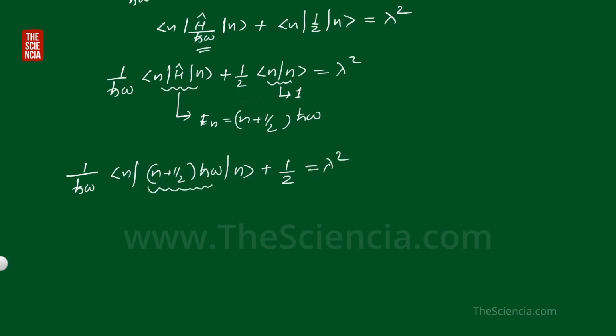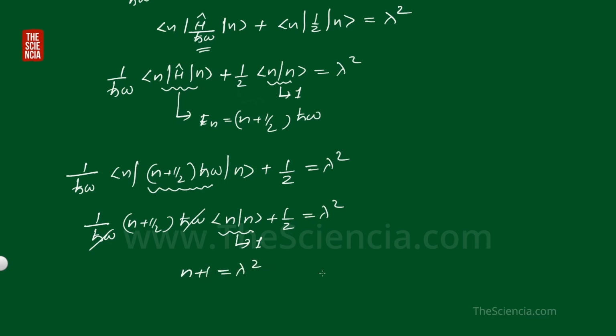Here also this one is nothing but a constant term, so we can take it outside, that is 1 by h cross omega into n plus half into h cross omega into bra n ket n plus half equal to lambda square. Here also this one is equal to 1, and here we can cancel h cross omega and h cross omega, so that is n plus 1 is equal to lambda square. Therefore we got lambda is equal to root n plus 1.